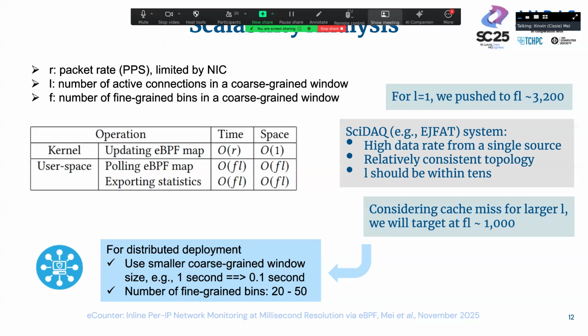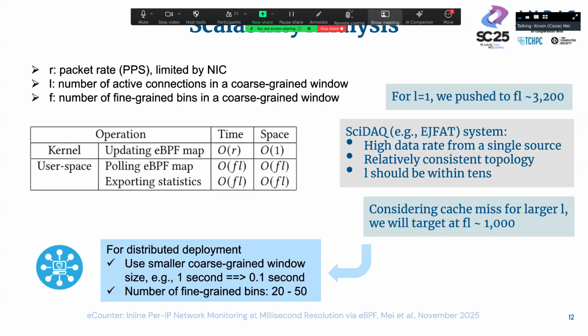It doesn't have to be 20 or 1,000 or something; it's just a number. And L is the number of active connections in a coarse-grained window. Here, the window is 1 second. For L equal to 1, I have pushed this F times L to almost 4,000.